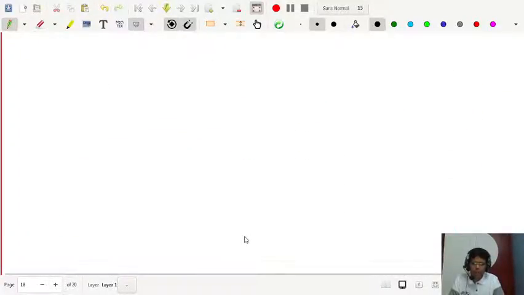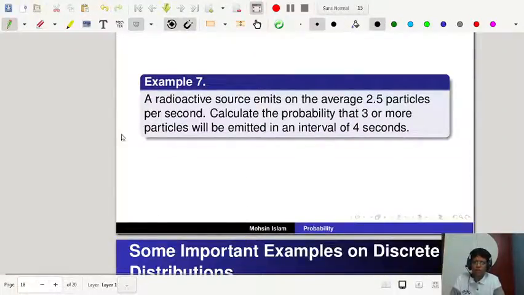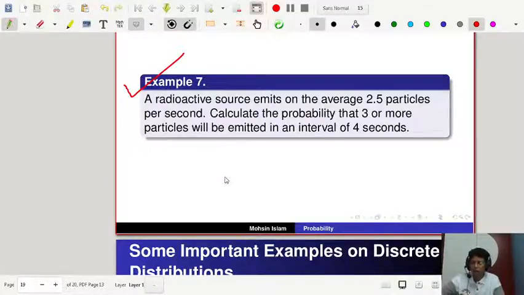Let's have another problem to understand the thing. A radioactive source, just as I was talking about, can be a radioactive source, or a number of phone calls in a particular booth. So you have a radioactive source that emits on the average 2.5 particles per second. So it is given that lambda equal to 2.5, right?